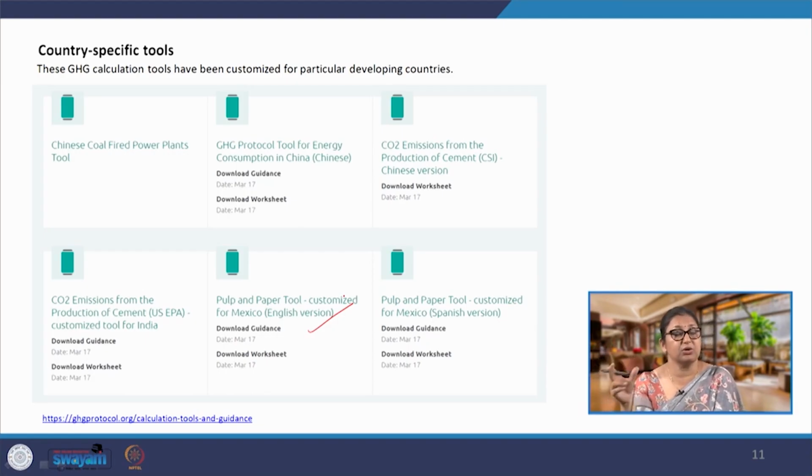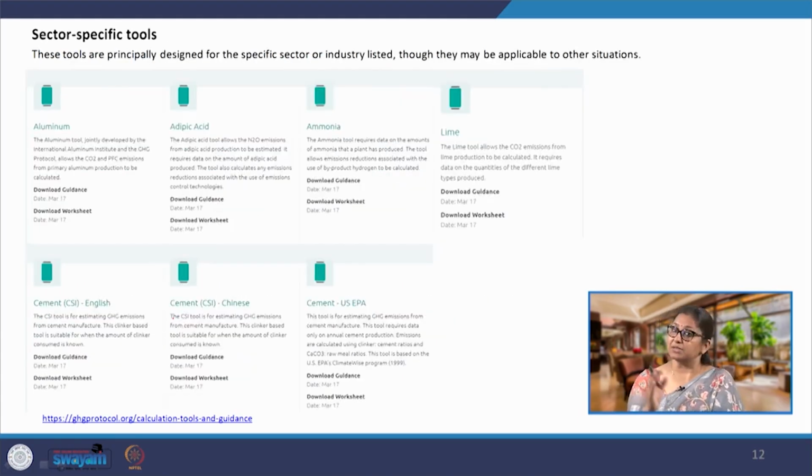The machines are doing all the laying and leveling, and very little manpower is being used. That itself will make a difference in the total emissions resulting from this activity, which is say road laying, and similarly all activities will have country specific emissions. For certain activity replacements, the emissions will be more or less, and that is accounted for the specific country. So, country specific tools.